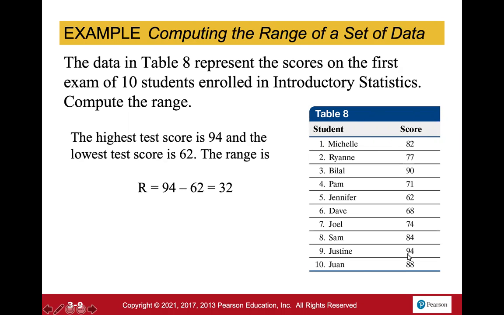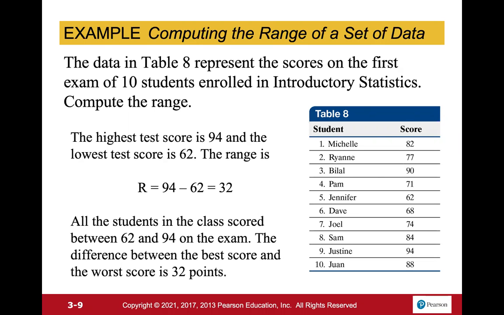Some answers might be exactly the same, others are not. But this data takes on a range of 32 different values. So all students in the class scored between 62 and 94 on the exam. The difference between the best score and the worst score is 32.